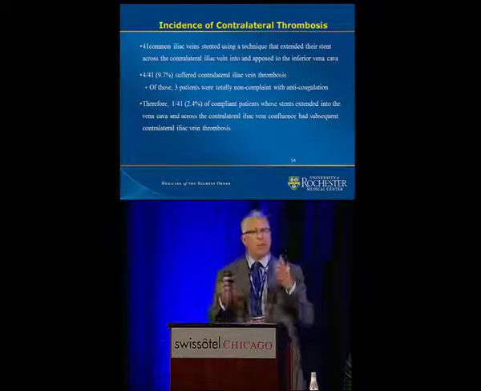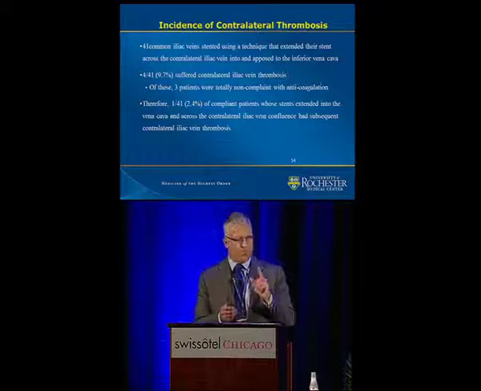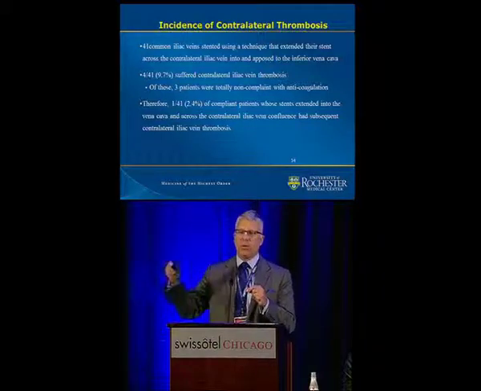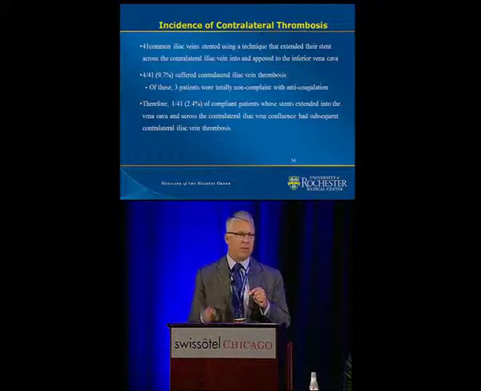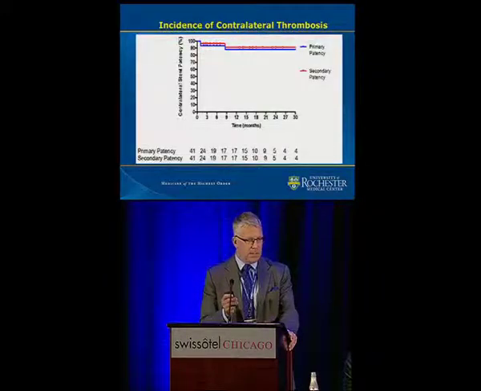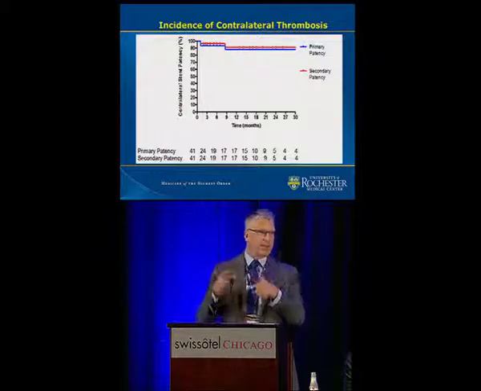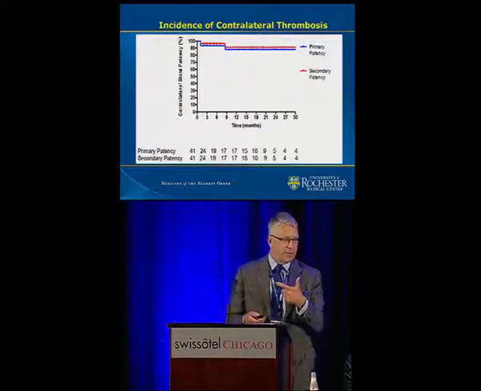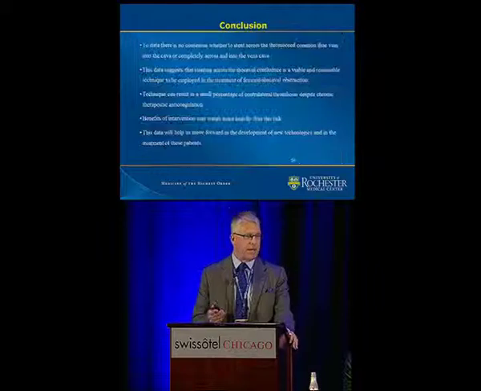So of that, 1 in 41 patients who was compliant with therapy ended up with a new contralateral iliac vein thrombosis by crossing the contralateral iliac vein. And with that, you can still get the secondary patency rate in those people up to over 90%.